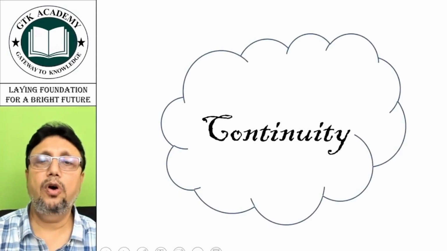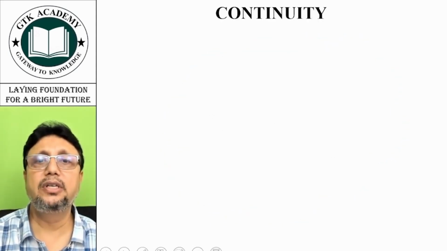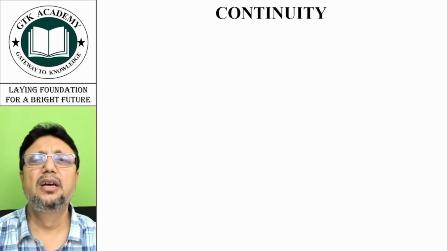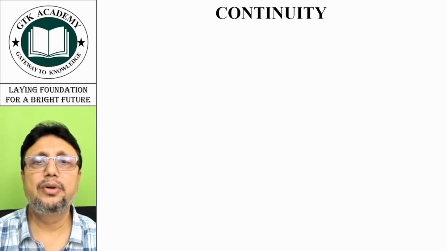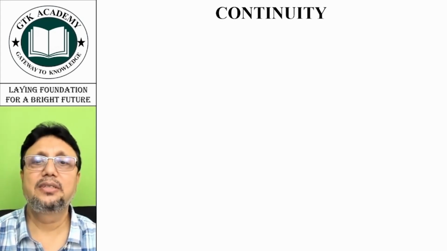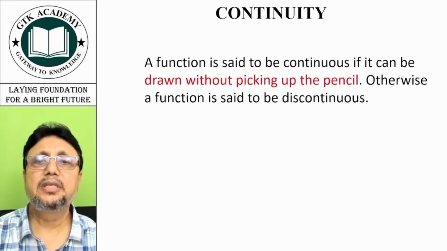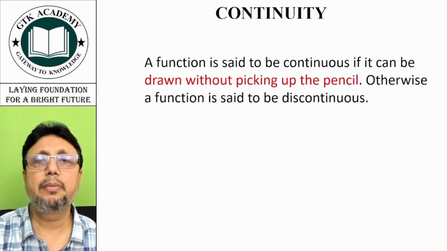So what do we mean by continuity? It's simple. What we mean in our daily life, the same meaning is there for continuity in calculus. A function is said to be continuous if it can be drawn without picking up the pencil.